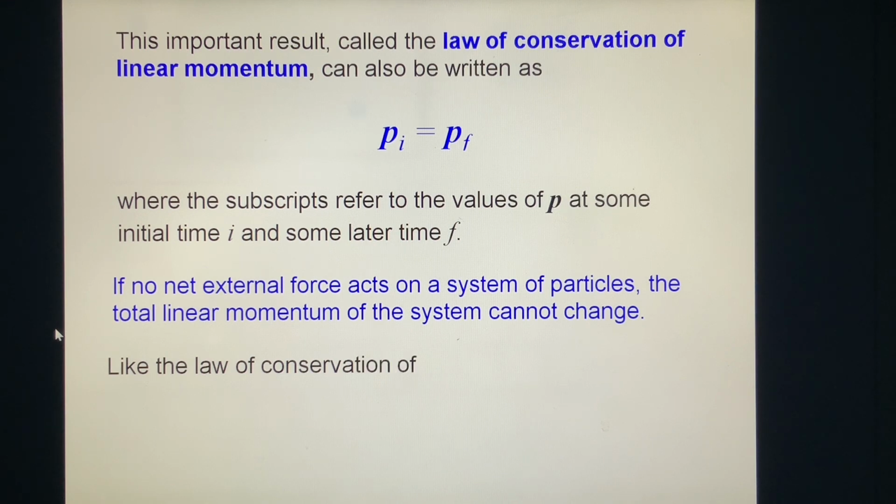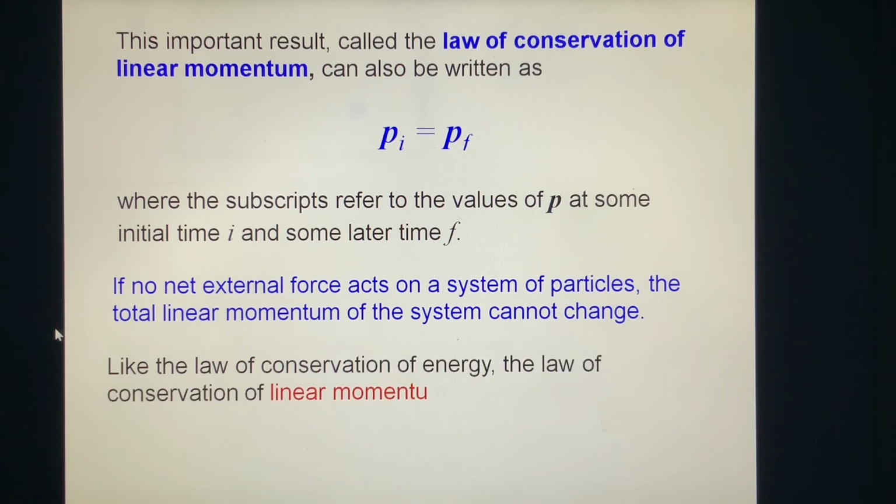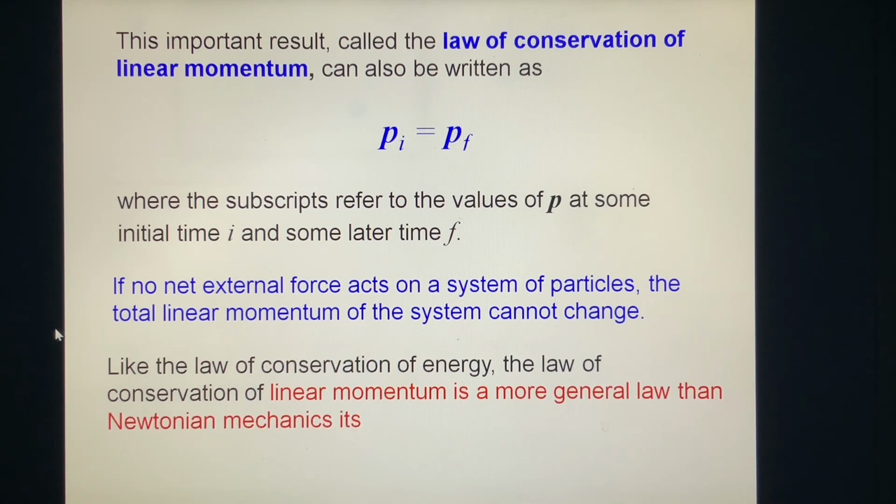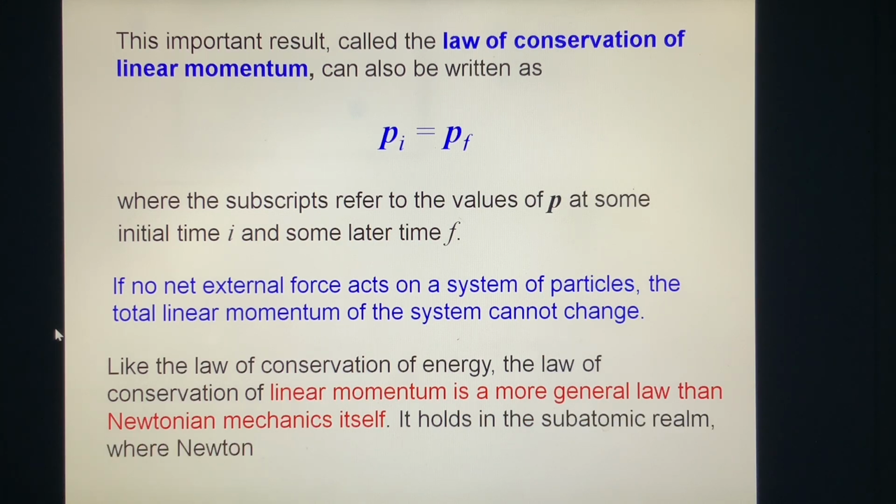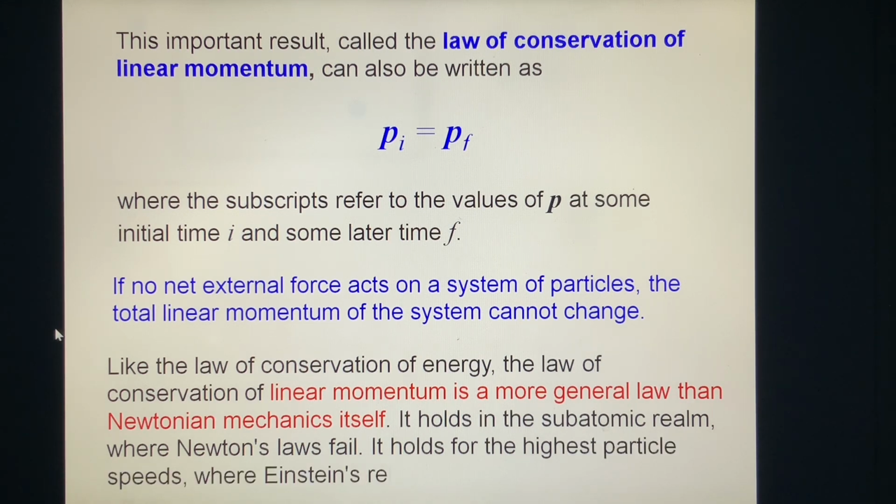Like the law of conservation of energy, the law of conservation of linear momentum is a more general law than Newtonian mechanics itself. It holds in the subatomic realm, where Newton's laws fail. It holds for the highest particle speeds, where Einstein's relativity theory prevails.